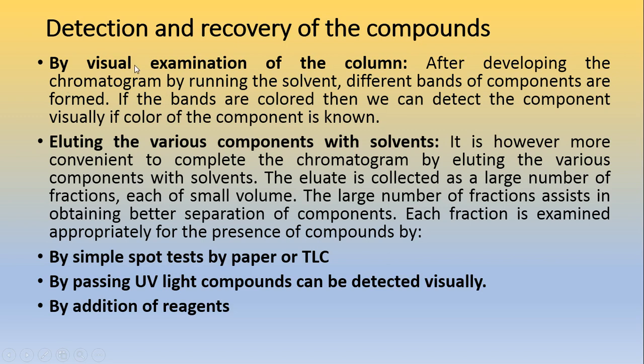The first is visual examination. If our sample components are colored and we can clearly observe their color with our eyes, then we can use this visual examination. After developing the column chromatography or chromatogram by running the solvent, different bands of components are formed.